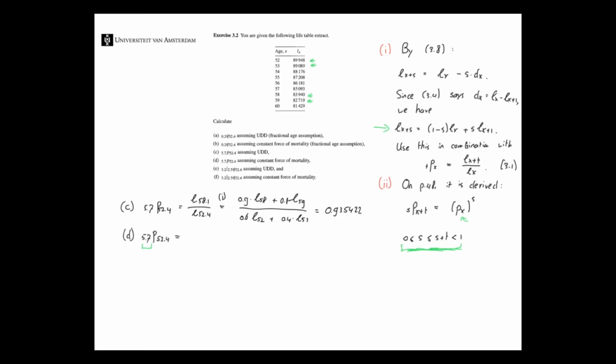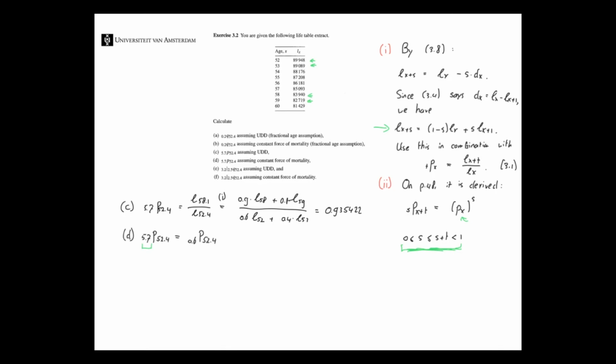Therefore, we have to break down this survival probability into a product of multiple probabilities, such that we can use this second property. Now, to use that, we will start from age 52.4, and we will look at the first part where we will reach an integer age, which is close to 53. And for that, we will need to survive 0.6 years.